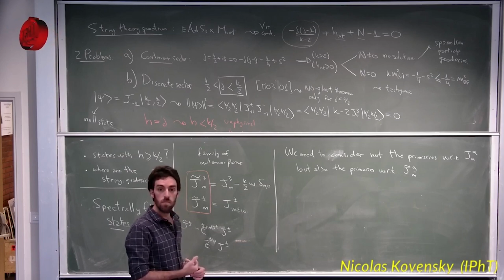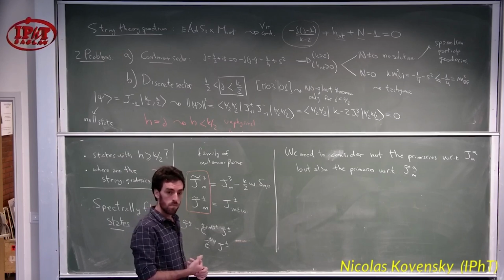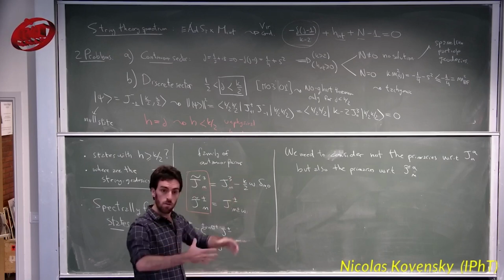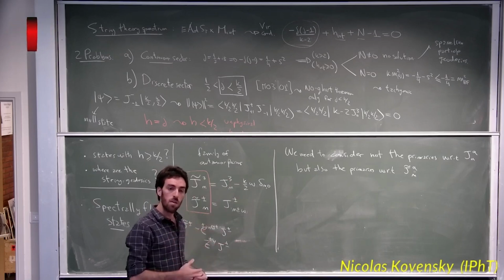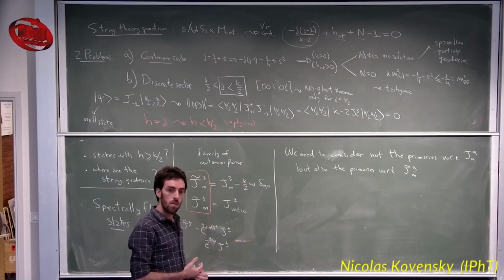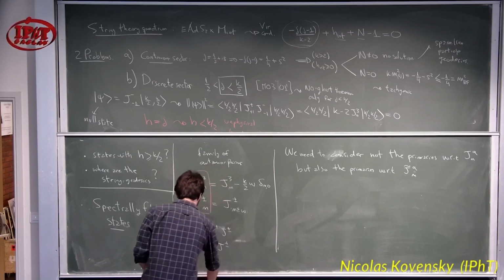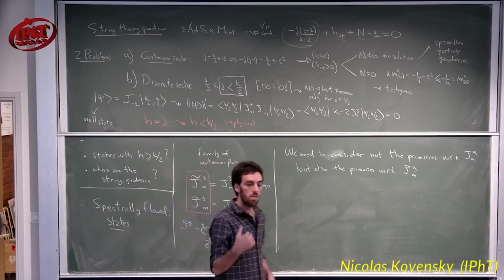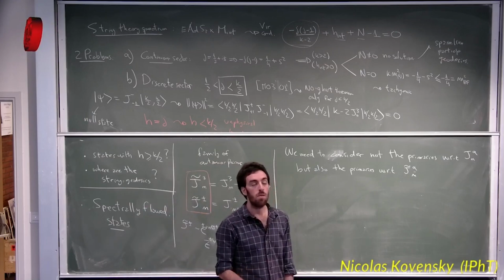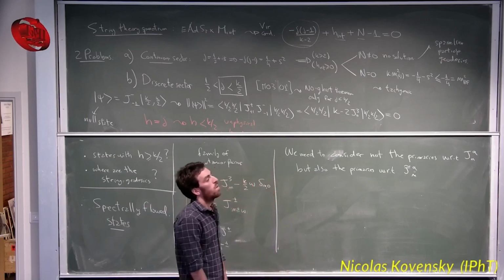And so the flowed states, do they have a classical analog? The string geodesic. Yeah, but if you try to construct the analog of the V that you had before. The easiest way to do it is to shift.